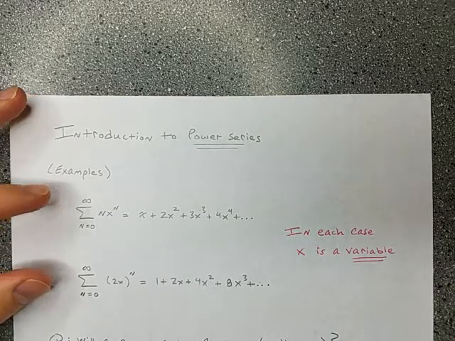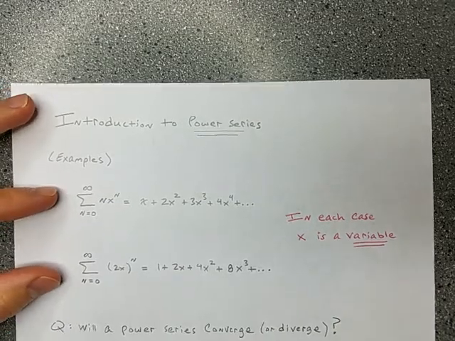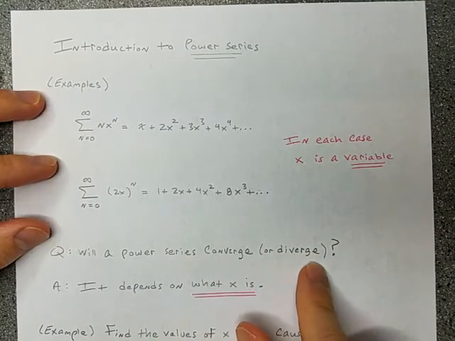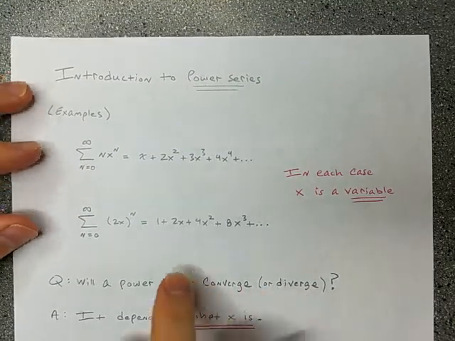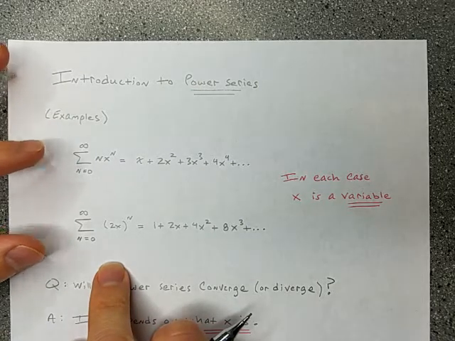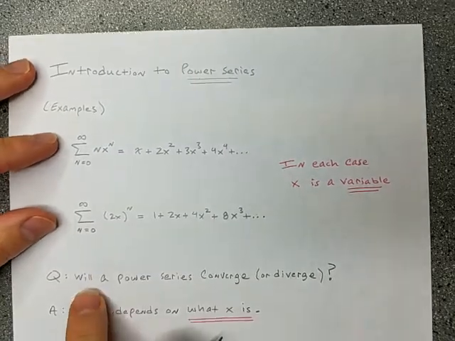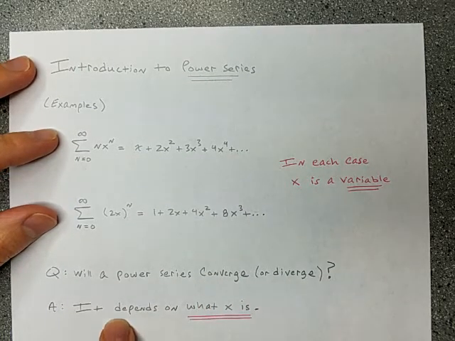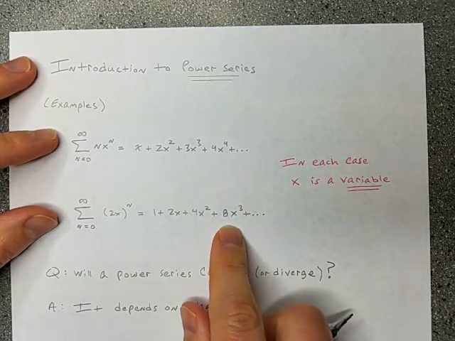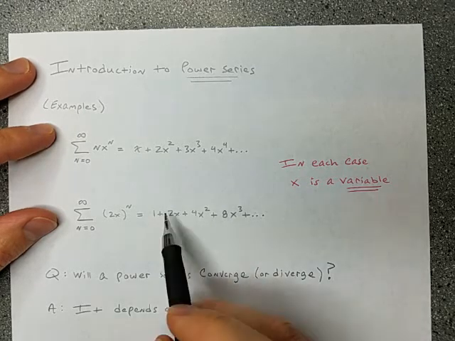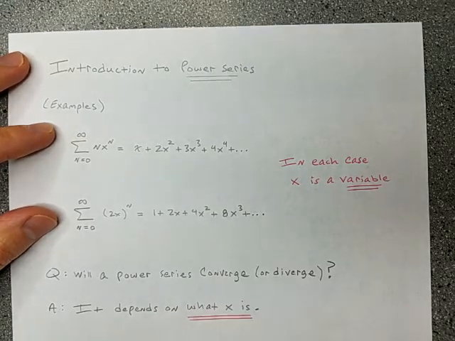Now, next question. So a power series is a series, and a series might converge or diverge. Okay, so if here are my first two examples of what power series are, these are just examples, all right? My question to follow that up with is, will a power series converge or diverge? My answer is it depends on what x is. The x is a variable in these series. And how are you going to add this up if you don't know what the x is?